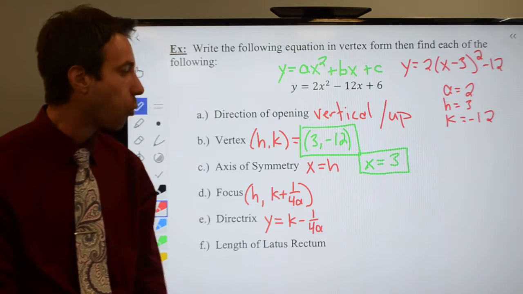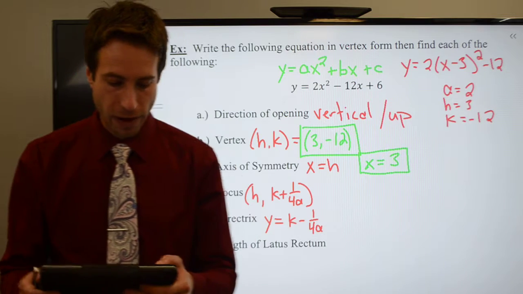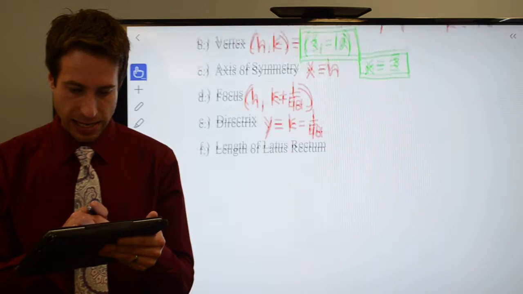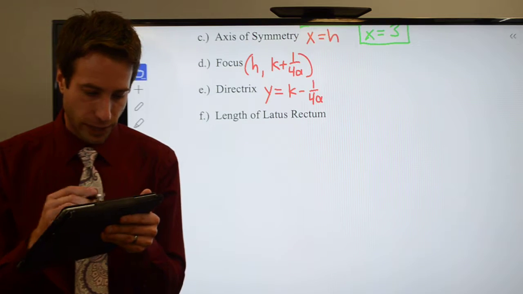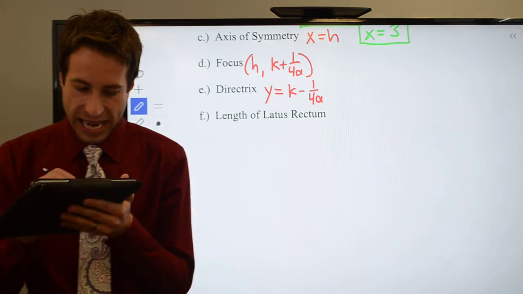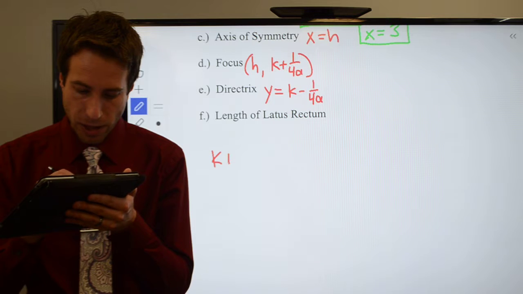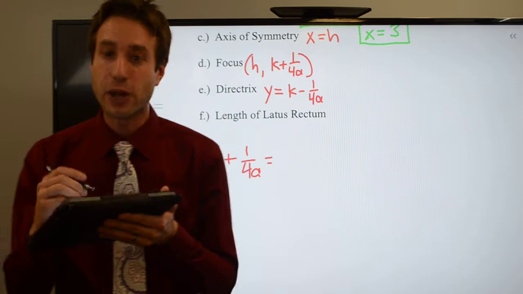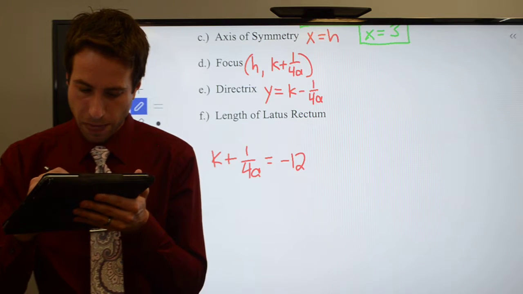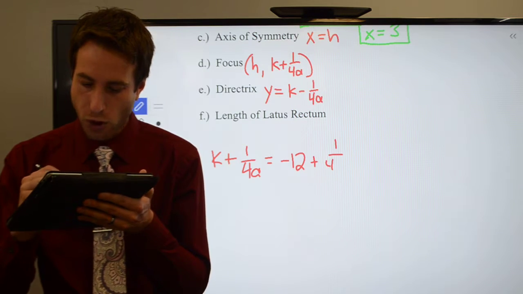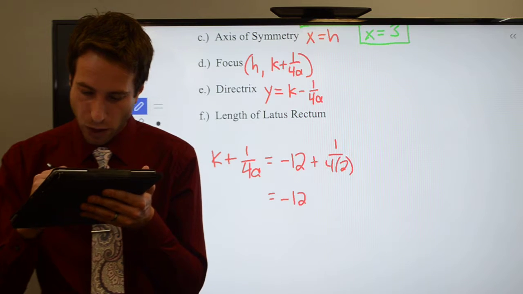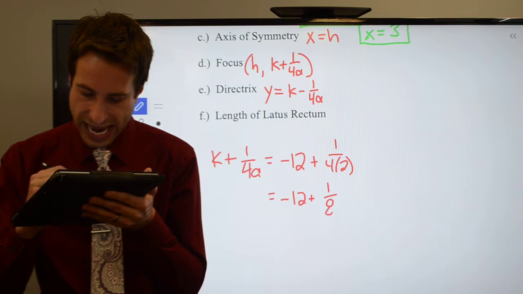So let's figure out what 1/4A is. I'll do that right down here. Let me slide down just a little bit. I need to find K plus 1/4A, which is going to be my value of K, -12, plus 1/4. The value of A was 2. So that means I have -12 plus 1/8.